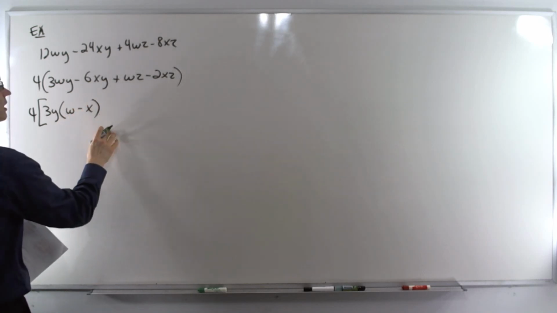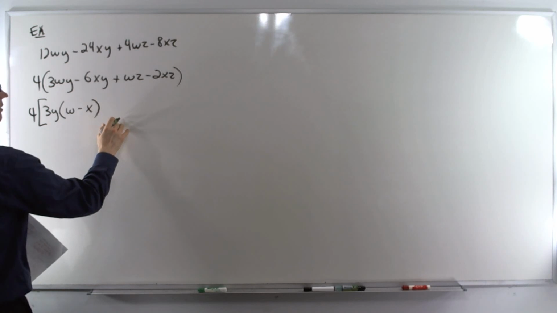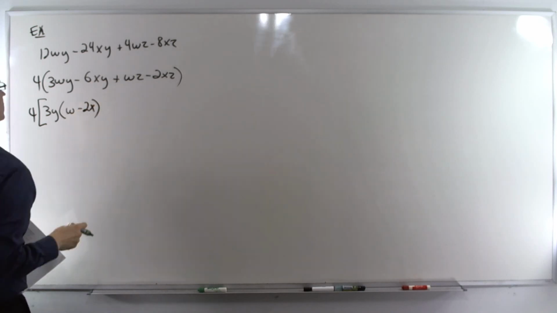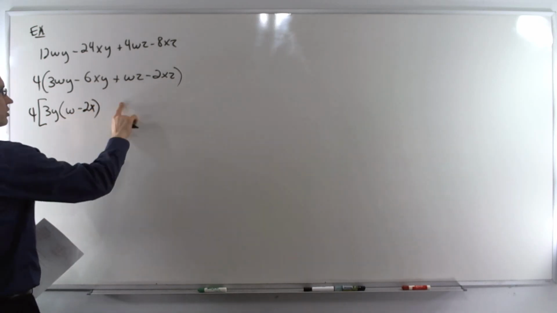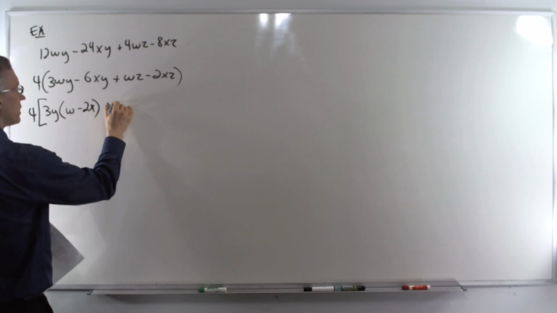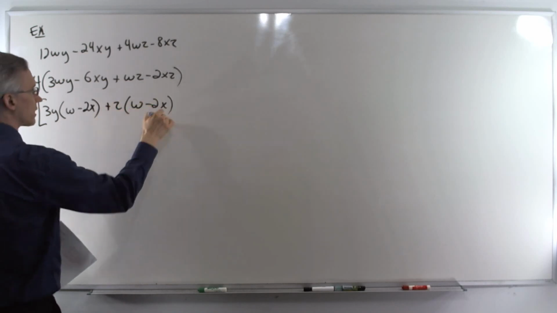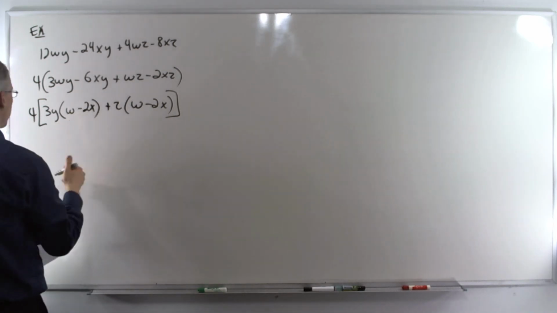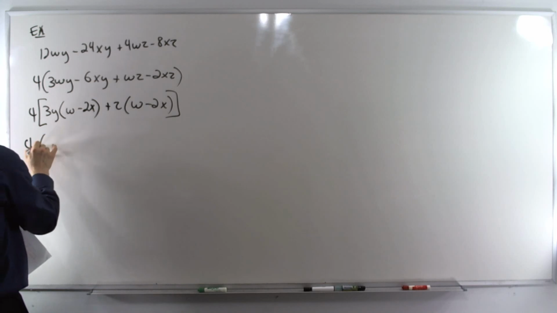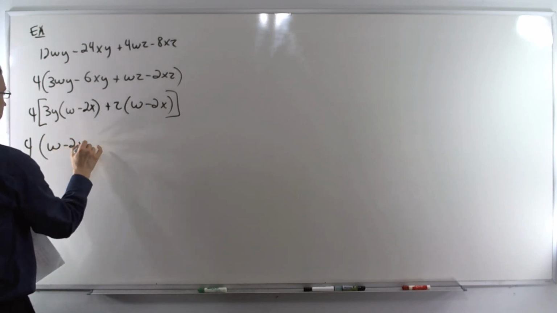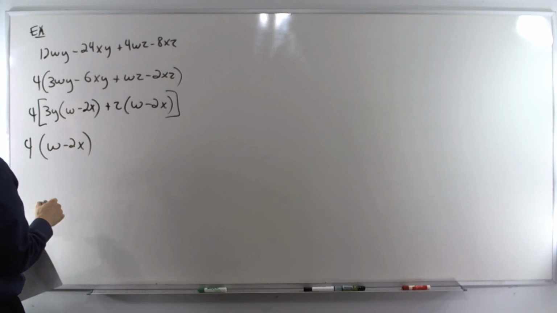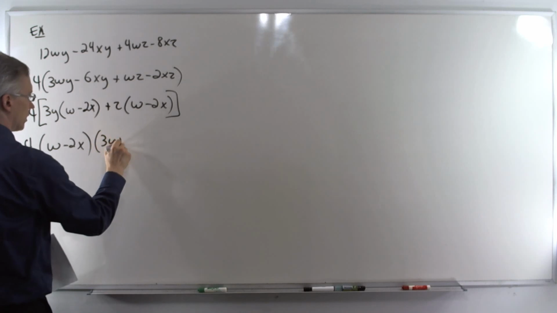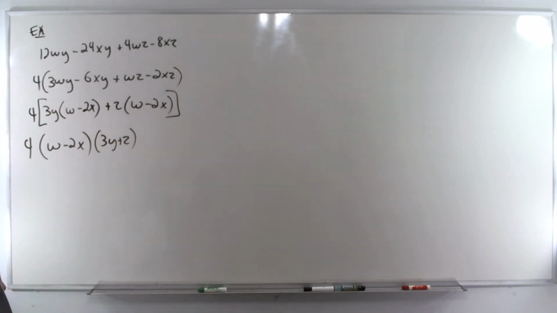And then over here, we want to match w minus 2x, so if we factor out the z, it gives us w minus 2x. All right, now we've got our matching binomial. We're going to factor that out. So 4 stays out front. W minus 2x, we don't need brackets anymore because we're going to just have a couple single sets of parentheses. 3y plus z. All right, and there's the fully factored form.